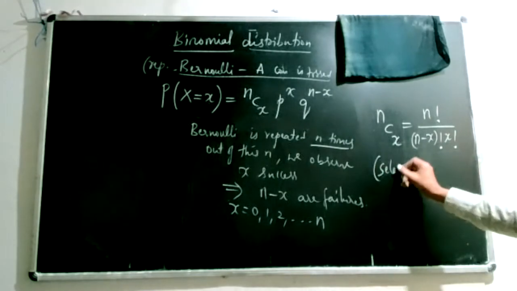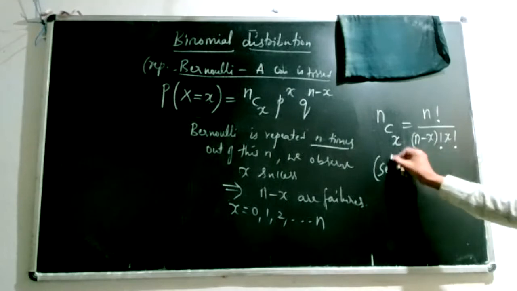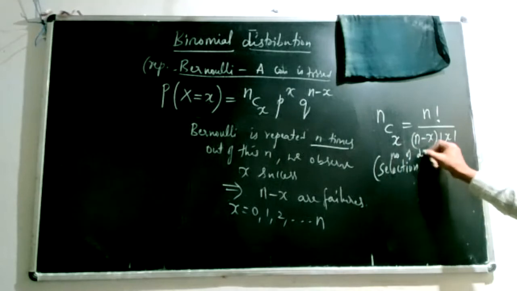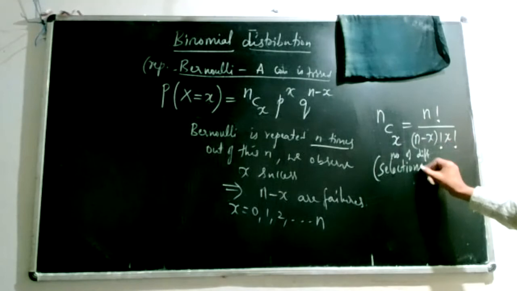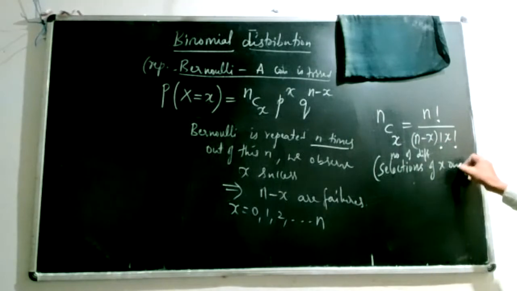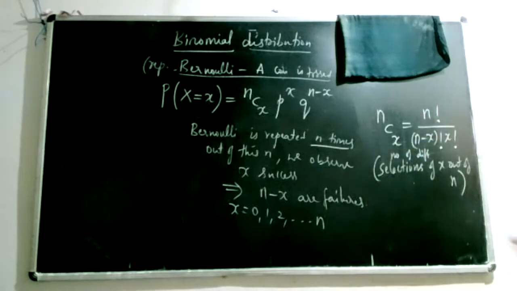So this simply means the number of different selections of x out of n. So that could happen in nCx ways.